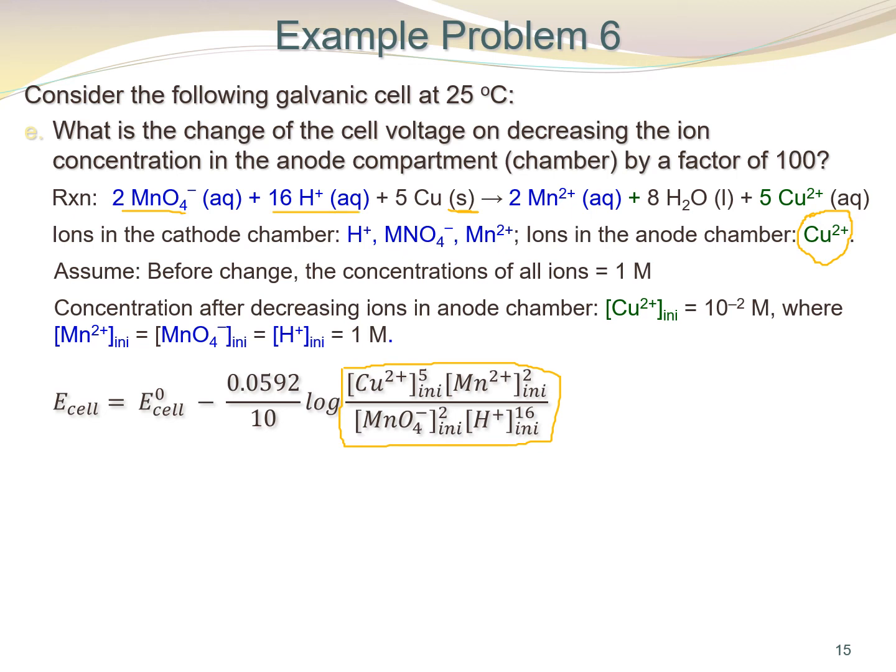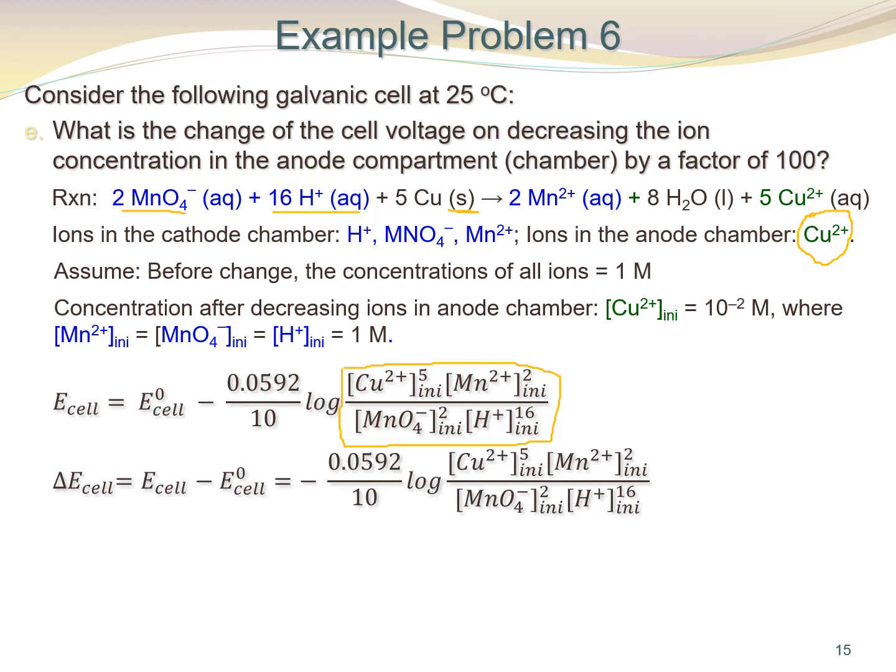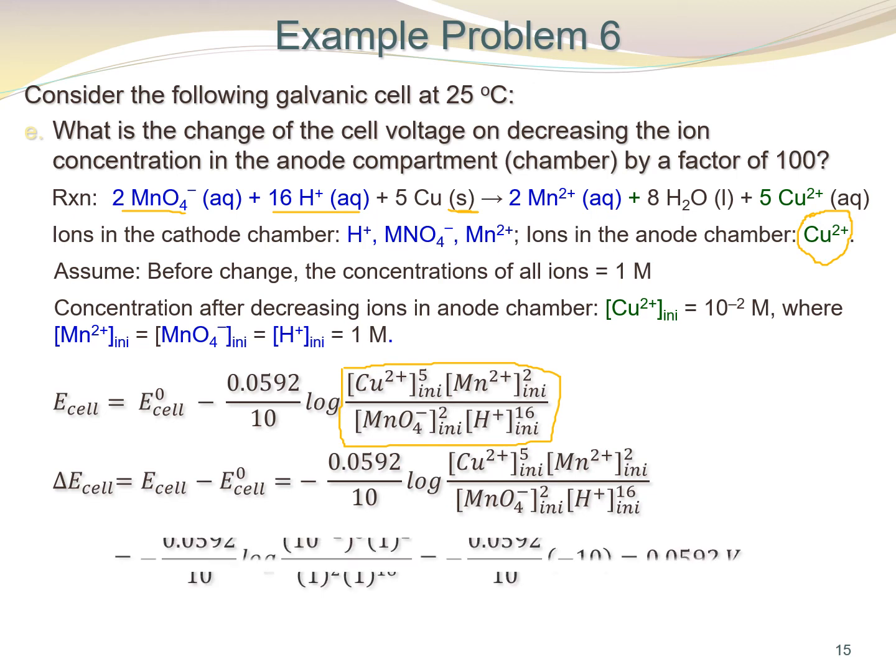Remember, coefficients become exponents in this mathematical expression. As we plug those numbers in, because we want the delta, the change of the cell voltage, we subtract the E0 cell on both sides of the equation, so we have delta E cell, and that's equal to this. Plug those numbers in, and we find out it's positive 0.0592 volts.